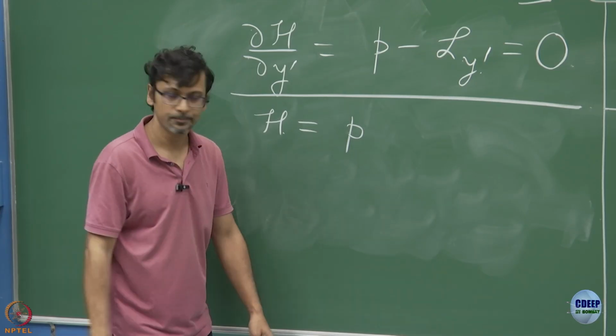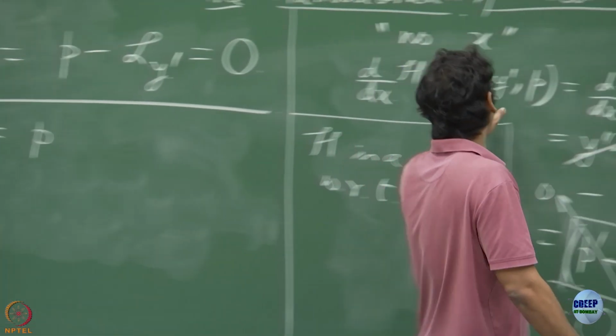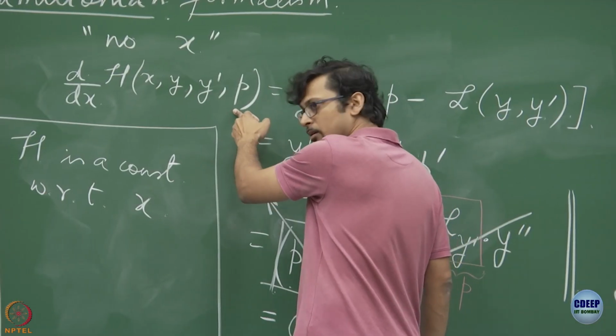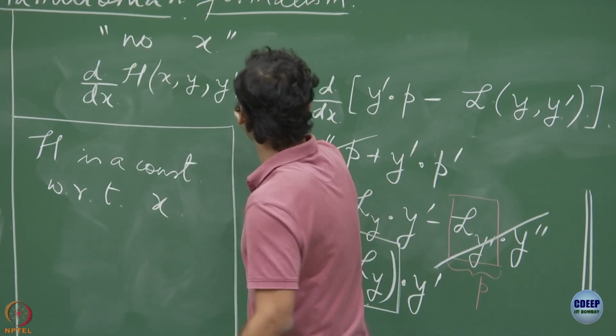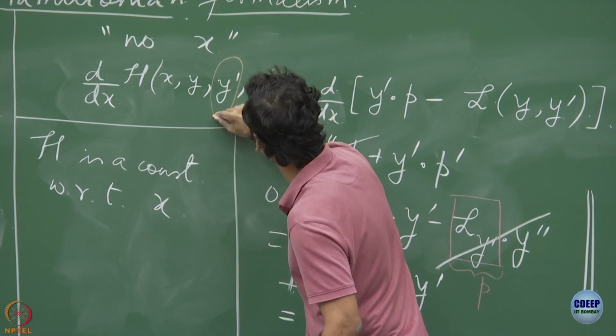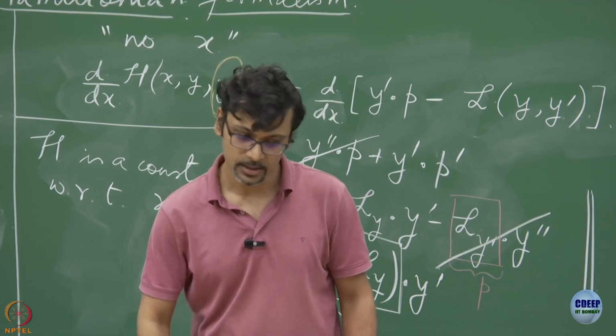This is P. Now this has 4 arguments typically. Let's say that this particular argument, this third argument, is something I can choose. What does that mean?